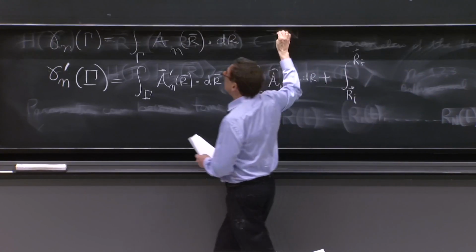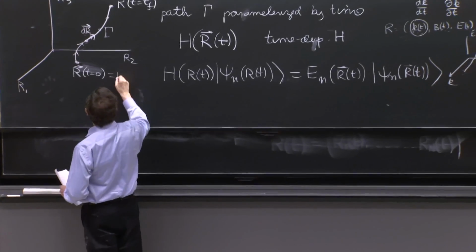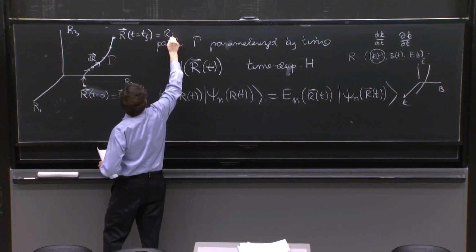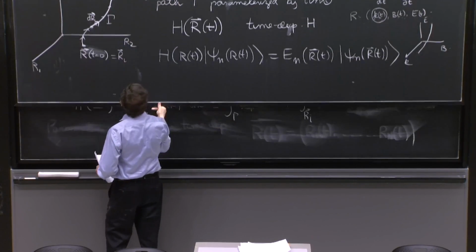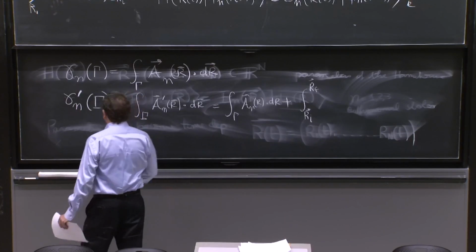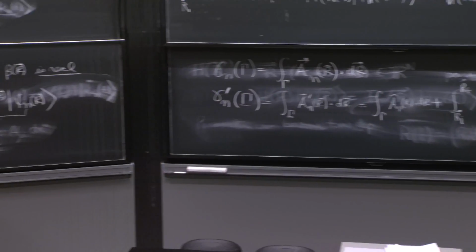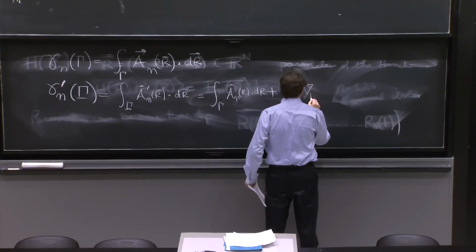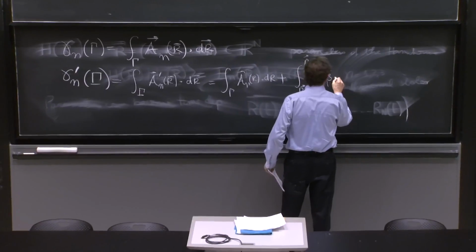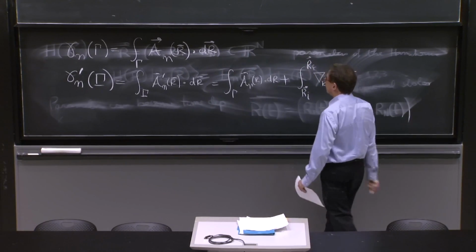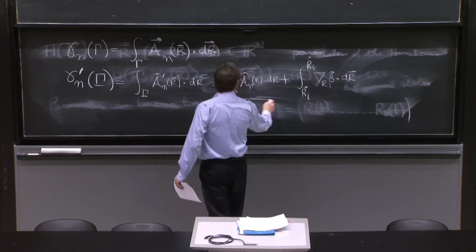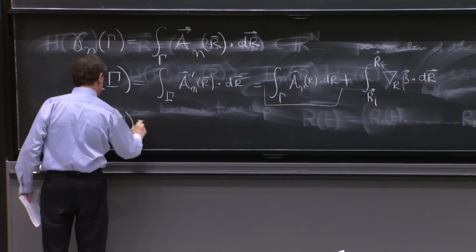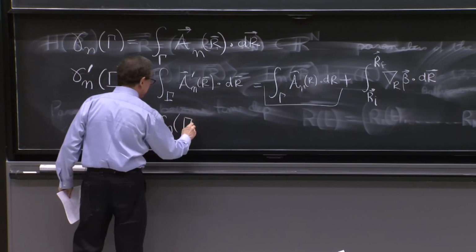If you want, you can put R of time equals 0 as Ri, and R of time equal Tf is Rf. The extra term is the gradient of beta dot dR. Well, this is the old Berry phase, so the new Berry phase is the old Berry phase plus this.